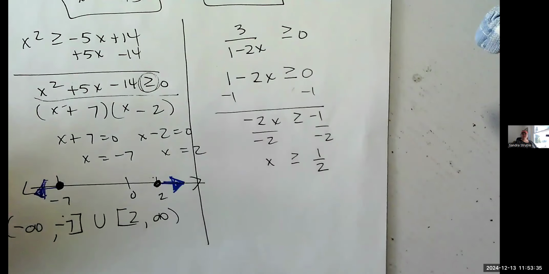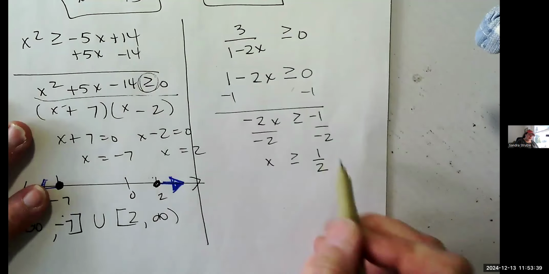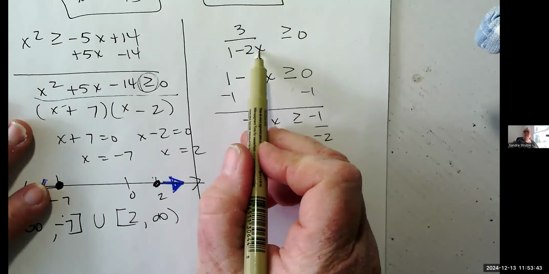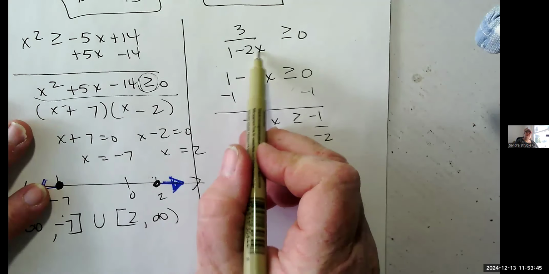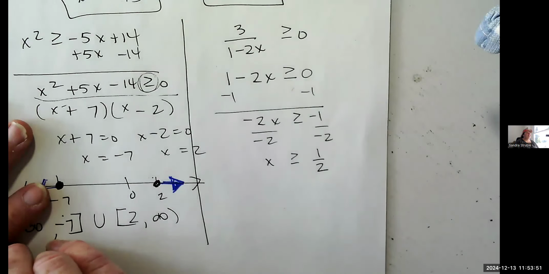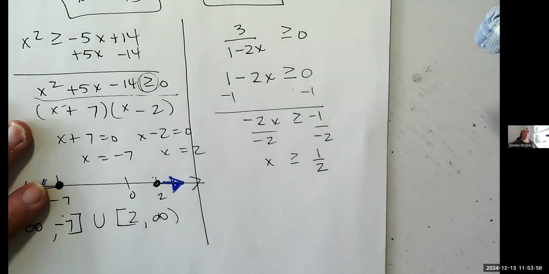Okay. Here's the problem with this. If you plug this 1/2 into here, you're going to get 0. Oh, which that would give you 3/1. That works, though. That does work. I want to look at the graph for this. Well, it does include the 1/2.